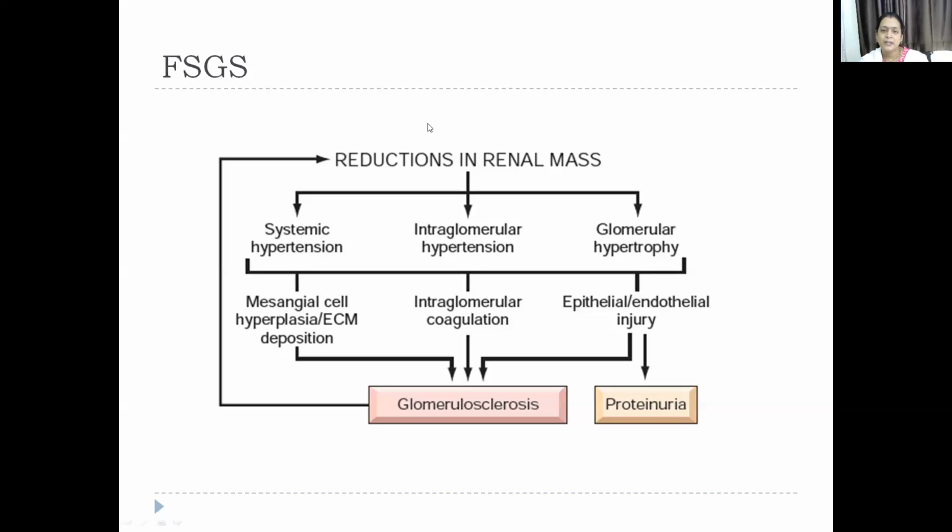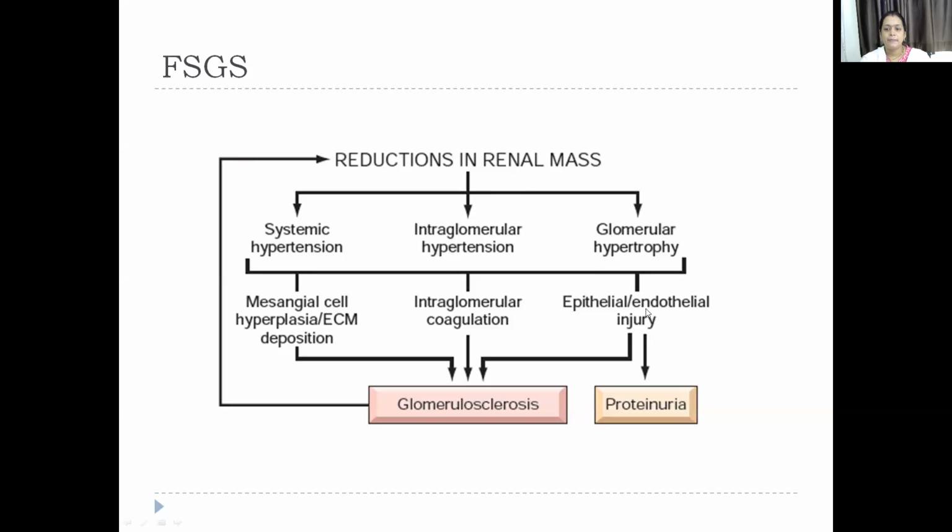So overall, how does it progress? If there is a problem in the renal pathology, there can be systemic hypertension. The functioning of the kidney is not normal, and intraglomerular hypertension will be raised. The healthy glomeruli which are trying to compensate will have high capillary pressure and intraglomerular hypertension. So these are the compensatory mechanisms.